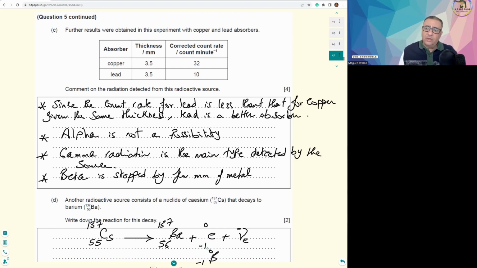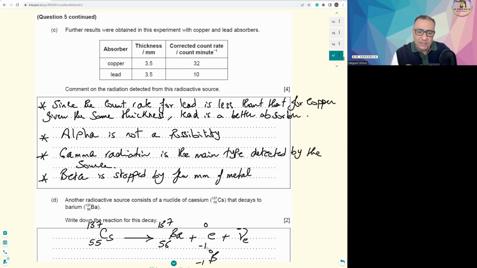So the anti-neutrino is a subatomic particle. I can talk about particle physics in a later video, but what you need to know about beta minus decay is that it always shares the energy with a neutrino or anti-neutrino.